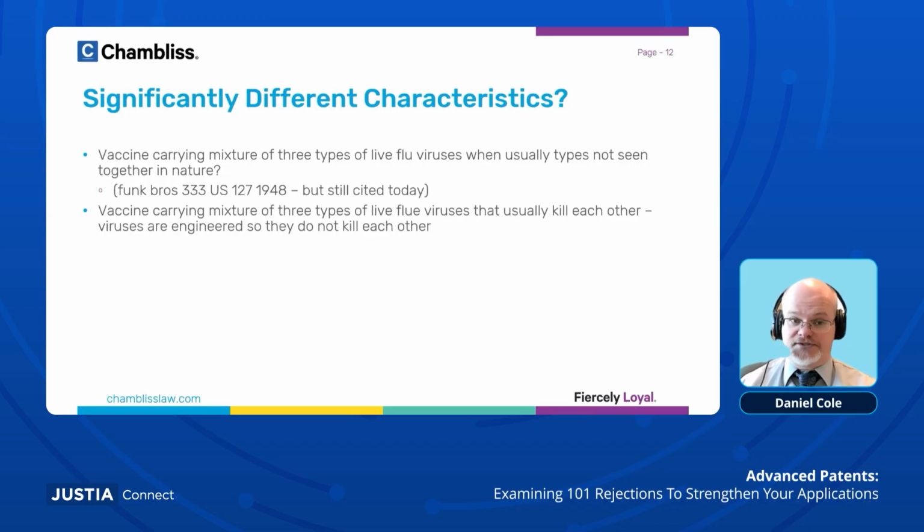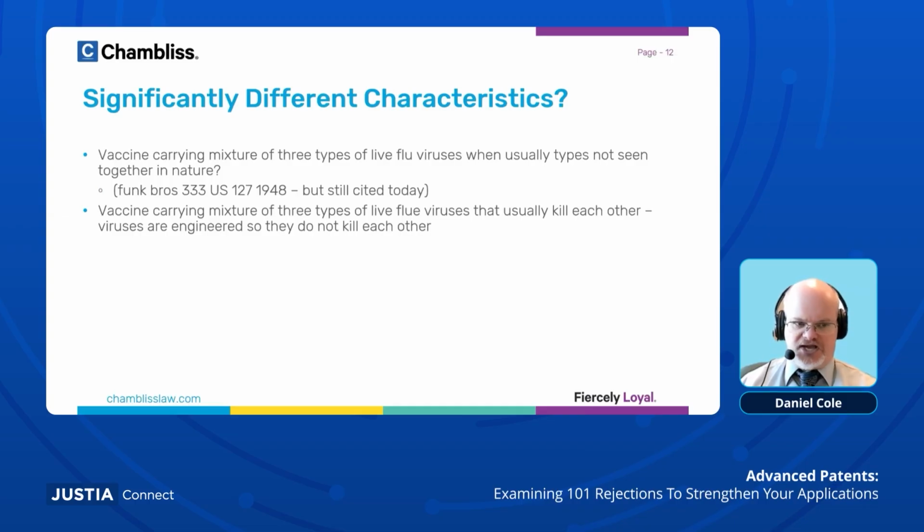But let's say we change this. You have three types of flu viruses, and for some reason in nature, these three types of live flu viruses kill each other. The viruses not only attack human cells and give the person flu, they would attack each other and kill each other, which is not generally going to be useful in a vaccine, because you want to give the person resistance to the flu viruses. If one kills the other two, you're only going to get the resistance to the one flu virus that's left.